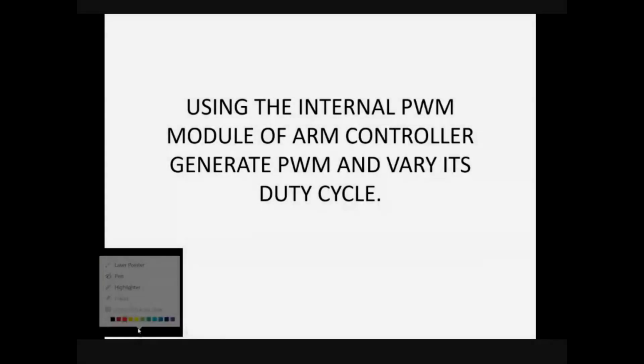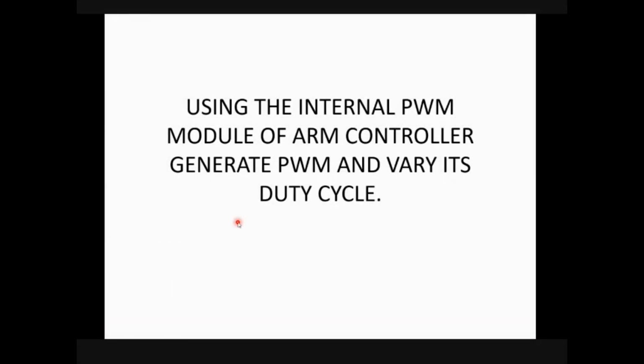So today I'll be explaining how to generate the PWM wave using the internal PWM module of the ARM microcontroller, and how to vary its duty cycle. The internal PWM module is already available on the LPC 1768 microcontroller.